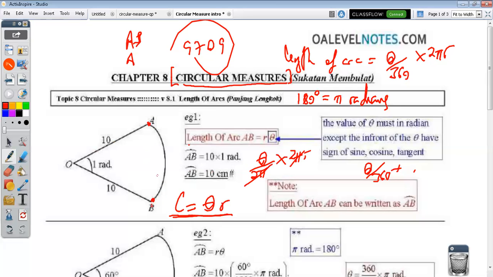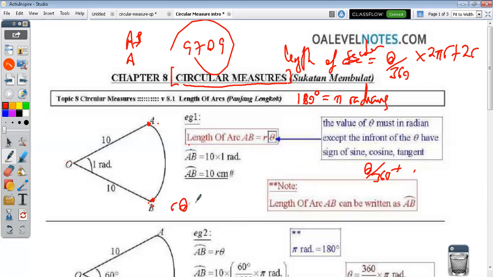Now, if we were to look at the perimeter of the sector, it is equal to the length of arc plus 2r. So the length of this arc plus the radius plus the radius, if we're dealing with a sector now. We have discovered that the length of an arc at A-level is r theta, so plus 2r.